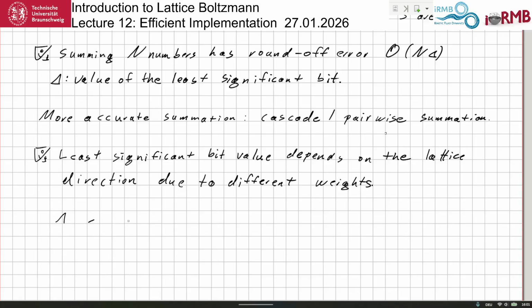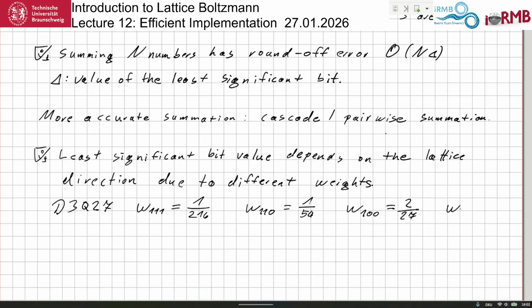Before you write, I made a mistake. Sorry. So let's look at D3Q27. Here we have the weights for the ones in the fully diagonal direction 111. This has a weight of 1/216. The plane diagonal is 4 times that, so it has two bits more. W110 has 2/27, which is again a factor 4.